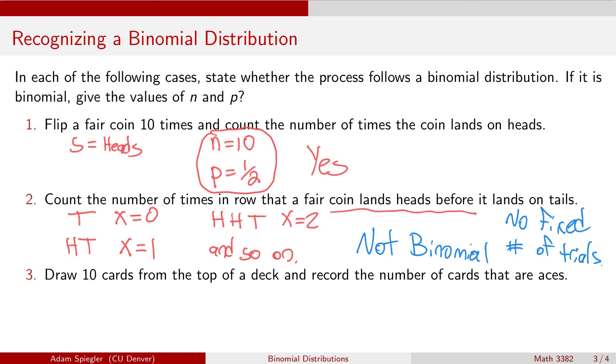In number 3, we draw 10 cards from the top of the deck and record the number of cards that are aces. For anyone that's not familiar with a standard deck of cards, these are decks that have numbers from 2 up to 10. They have face cards that are jacks, queens, kings, and aces.